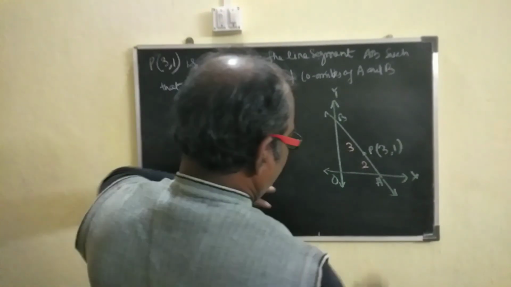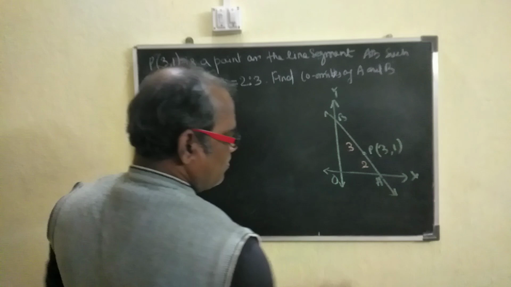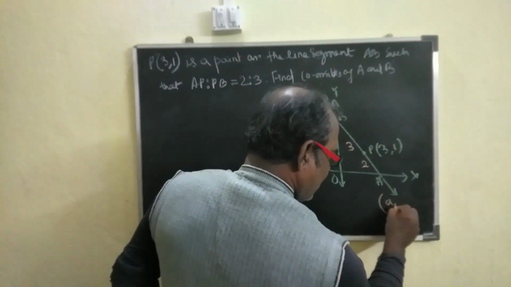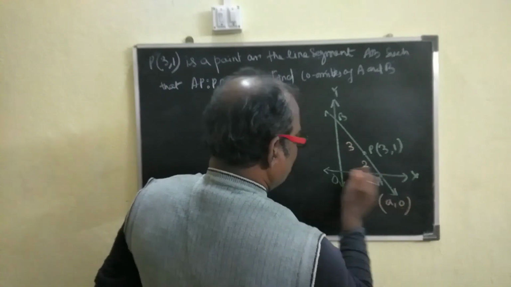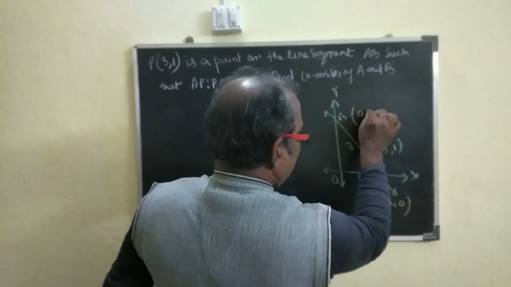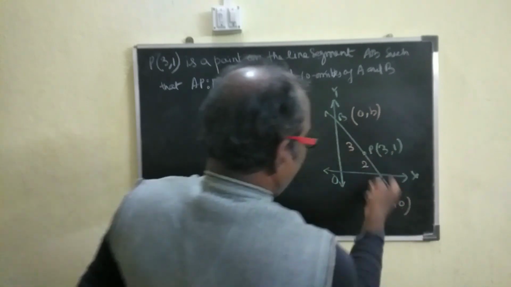Here from this question, this is 2 is to 3 ratio. We have to find out the points A and B. A lies on the x-axis, so we can take it as A comma 0, where y is 0, and B lies on the y-axis. It becomes 0 comma B. Now we have to find out these two.